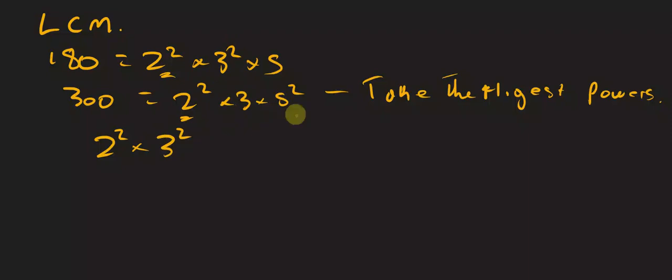If we had another number with 3 cubed, we would have taken 3 cubed. But since our highest power is 3 squared, we take that. And between 5 to the 1 and 5 to the 1, we take 5. So that's your LCM, which equals 4 times 9 times 5. Punch that in your calculator, get 180.